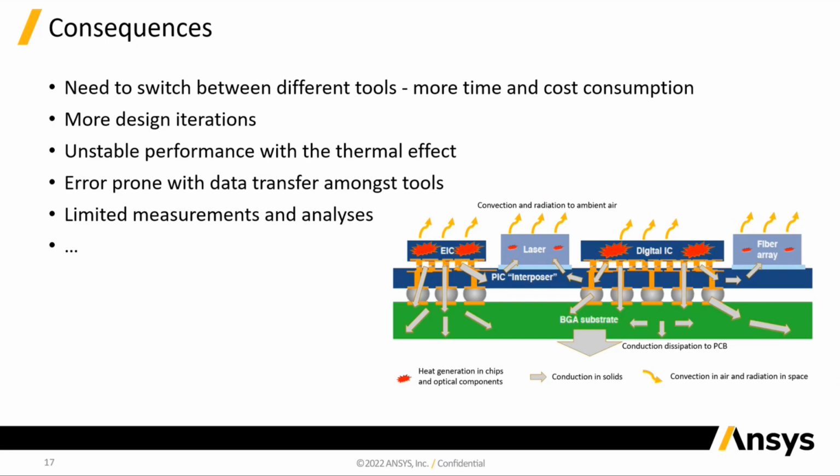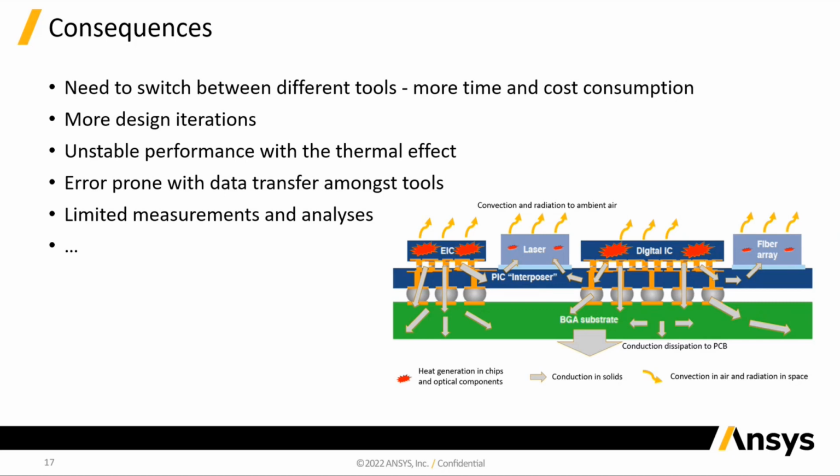Okay. So with the above mentioned challenge in the previous page, the consequences will come with the need to switch between the different tools. So this will cause the user to need more time and cost consumption between the software, the CAE, and also maybe the user has more design iteration by changing different tools.